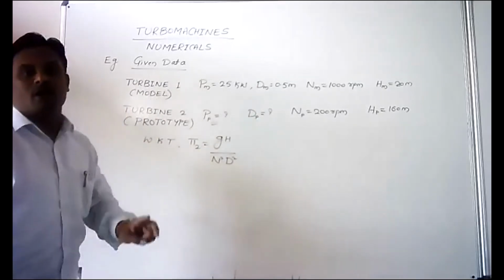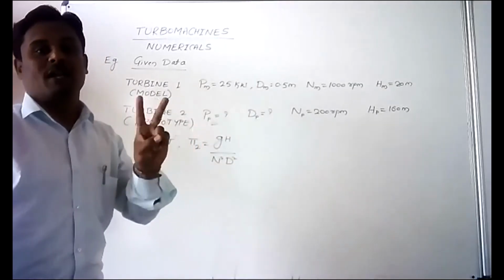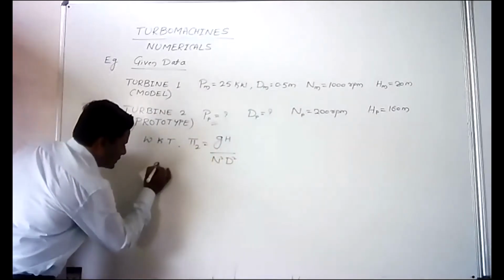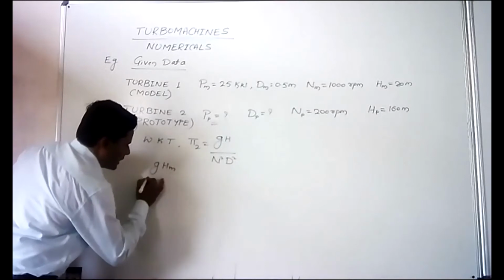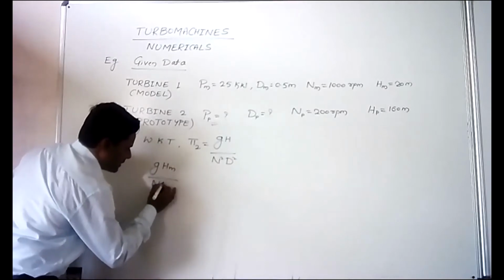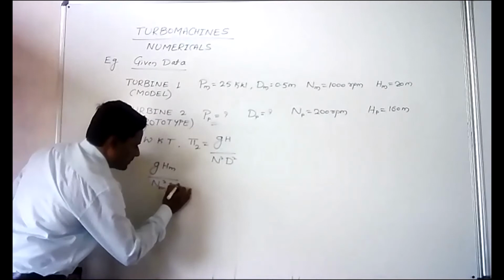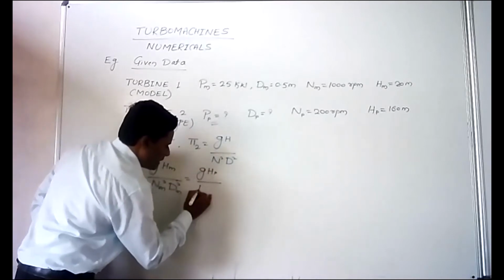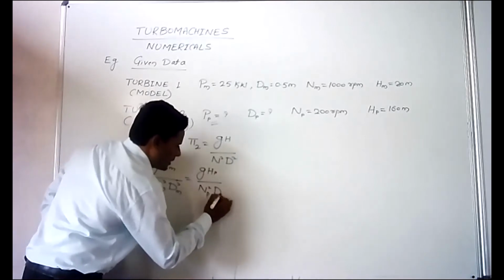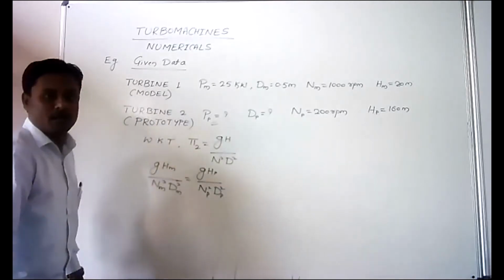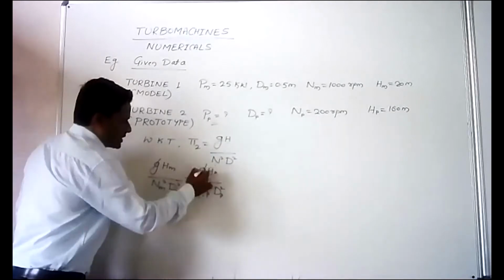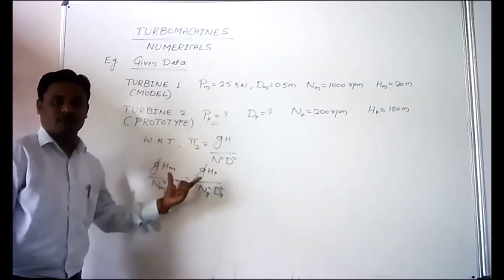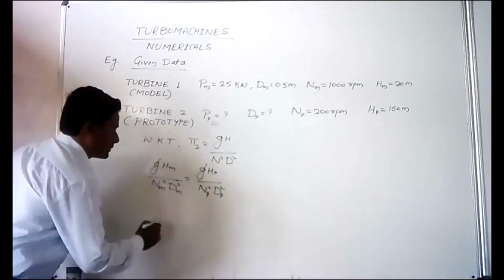As both model and prototype are geometrically similar, gHm divided by Nm square Dm square equals gHp divided by Np square Dp square. Here g will get cancelled. You know the values of speed, you know the values of Hm and Hp, get the value of Dp here.